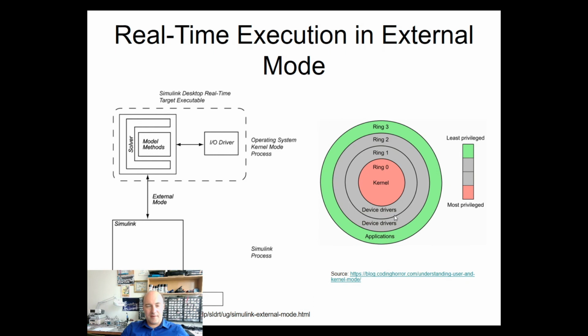If they need it, they are assigned the time to do the code. And the highest priority, the most privileged one, is for the kernel, which is the core of the operating system. And the operating system has control over all those higher layers. So it has control about drivers, about applications.